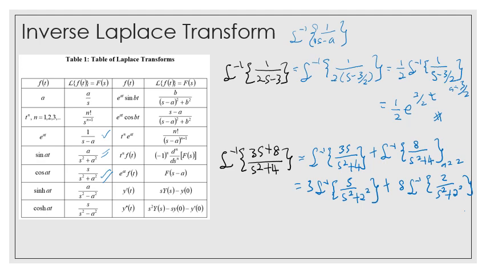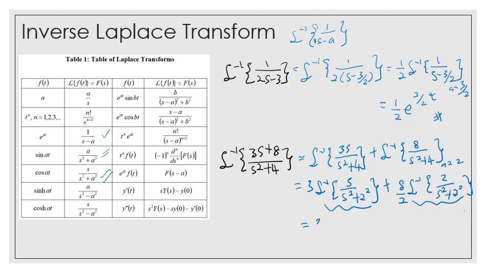Since I put 2 here, I need to put 1 over 2 here, so that when we simplify, we get back the same coefficient as the previous equation. Why do I put 2 and 2 here? Because I want the inverse Laplace to be similar to the table.